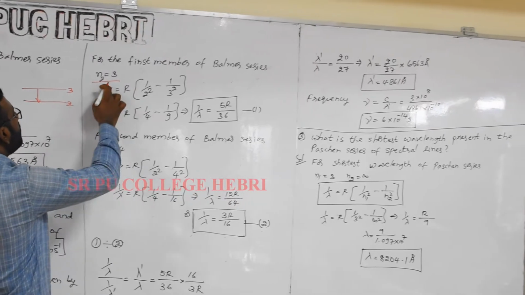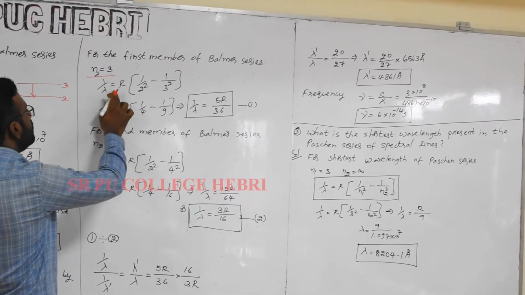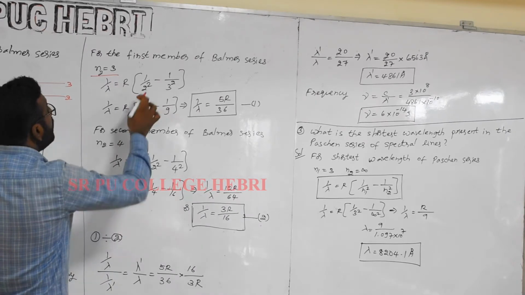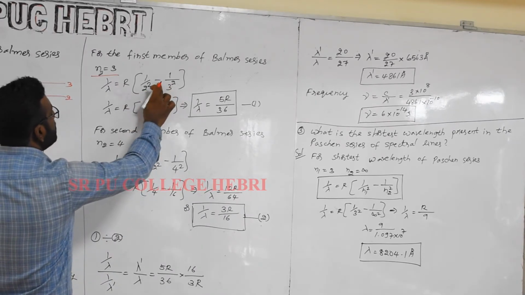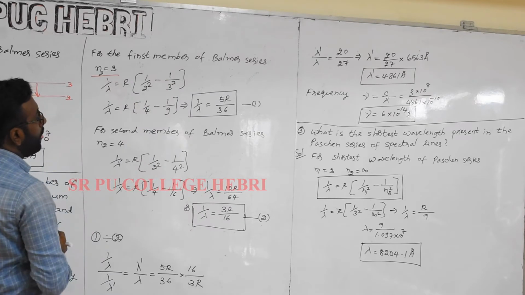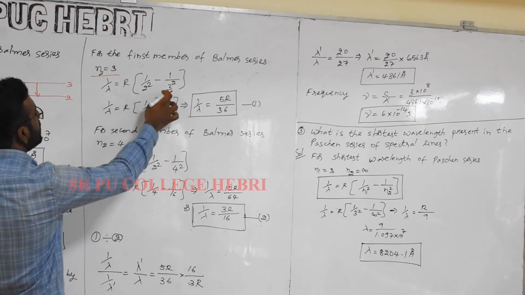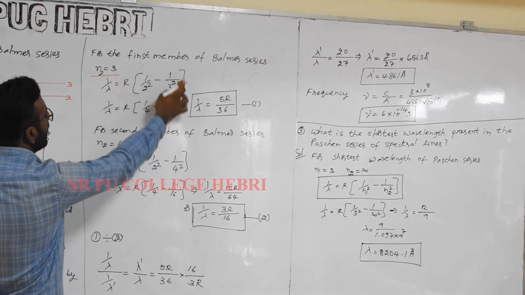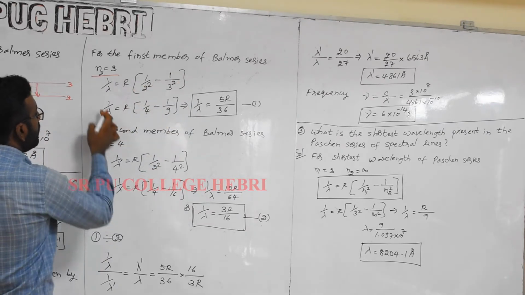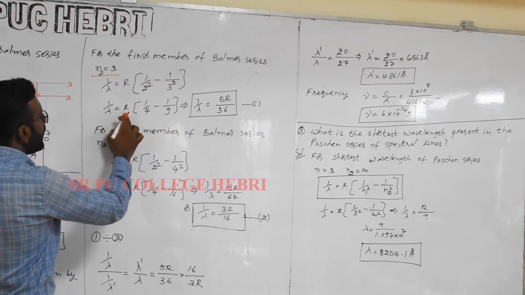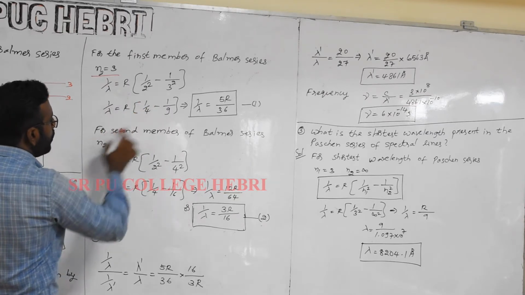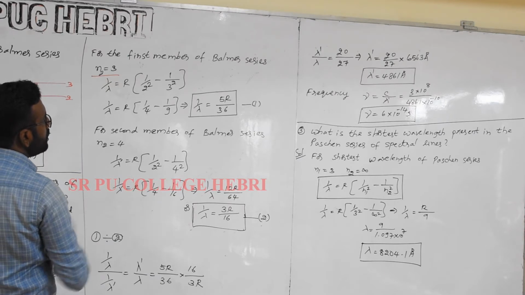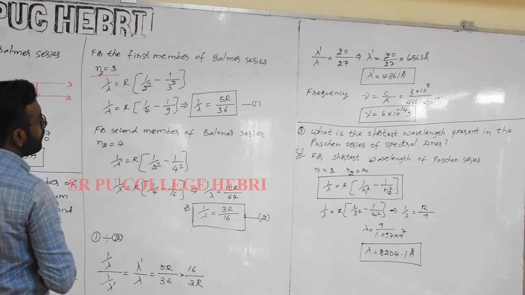Now 1 by lambda is equal to R into 1 divided by 2 square minus 1 divided by 3 square. Instead of n2 you have 3 over here. Then do the calculation. What do you get? 1 by lambda is equal to R into 1 divided by 4 minus 1 divided by 9. Just check it properly.